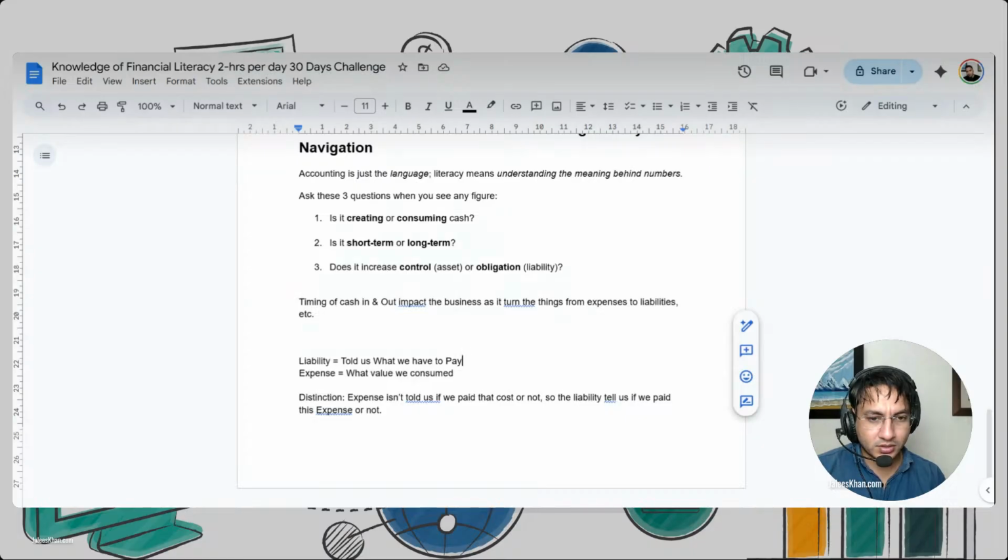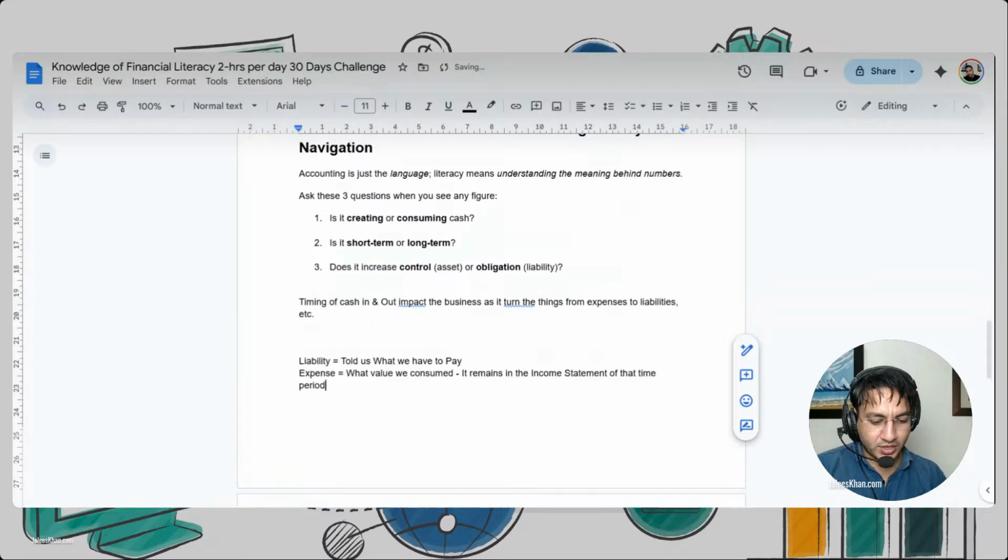And it remains in the income statement of that time period when the cost occurred, for that duration.